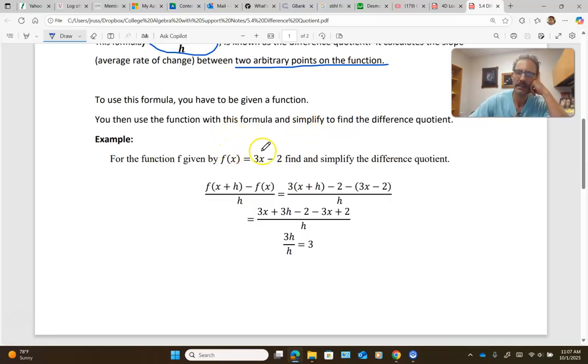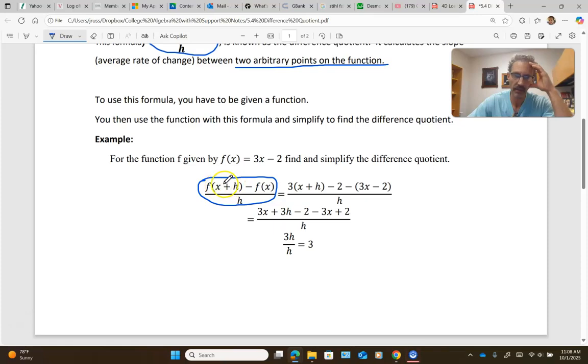Let's say that this is our function: f of x is equal to 3x minus 2. Well, that's a linear function. It's not a quadratic, so it's just a straight line. So this is my difference quotient right here, this is the formula.